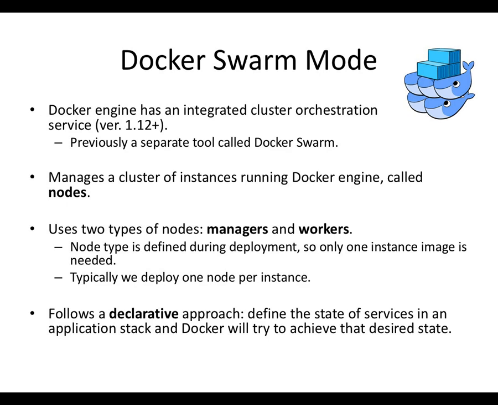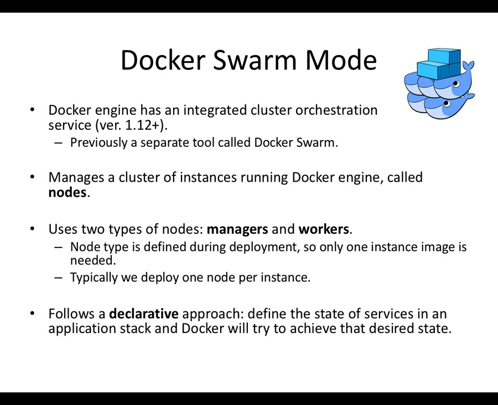When you deploy a Docker Swarm cluster, you install the Docker engine on a set of nodes. And one of the nice things about Docker engine is that you use the same software on any node in the environment. So you don't have to create a separate build image for a Docker manager versus a Docker worker. Because there are two types of nodes in a Docker cluster. There are manager nodes and there are worker nodes.